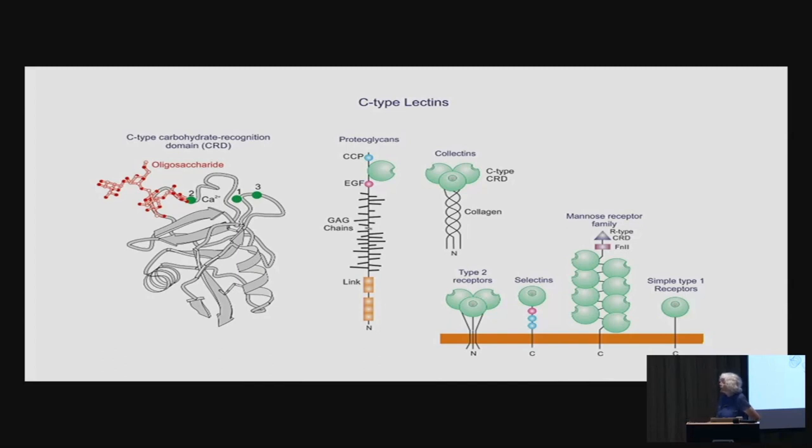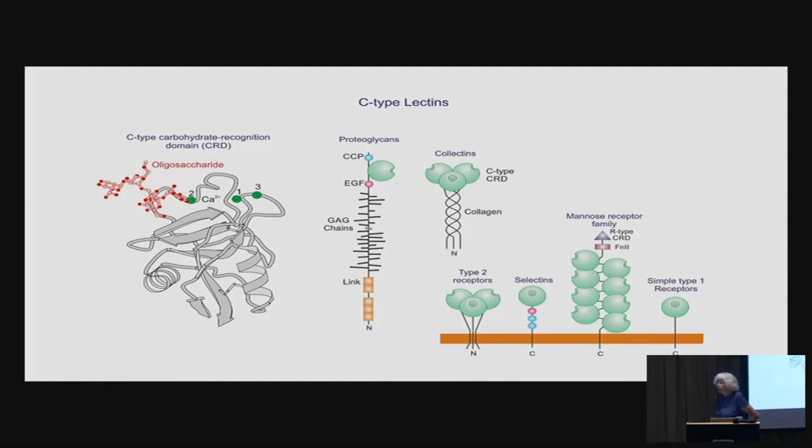All of the C-type lectins contain a domain that looks like this, and in this case the sugar binding is calcium dependent. So the oligosaccharide ligates directly to a calcium ion and additional protein residues.